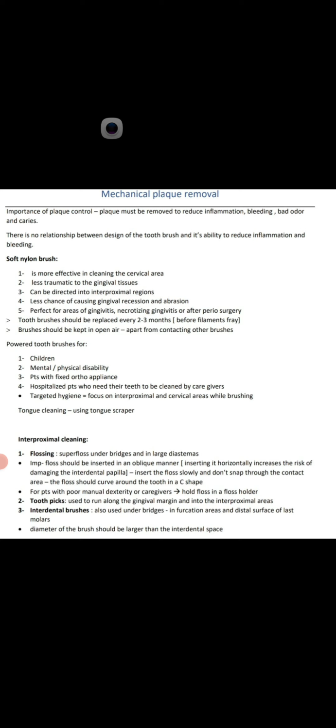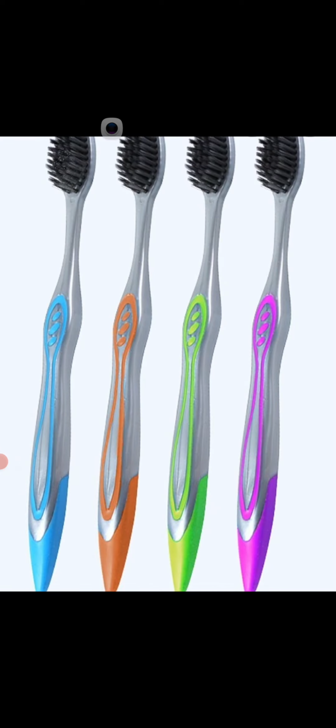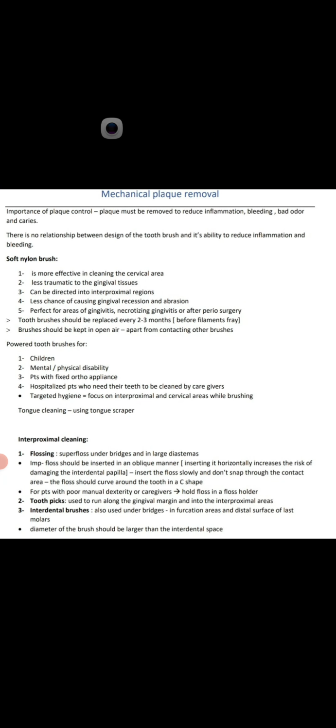First is a soft nylon brush. Soft nylon brush is more effective in cleaning the cervical area, less traumatic to the gingival tissue due to its soft nature, can be directed into the interproximal region, has less chance of causing gingival recession and abrasion, and is perfect for areas of gingivitis, necrotizing gingivitis or after perio surgery.